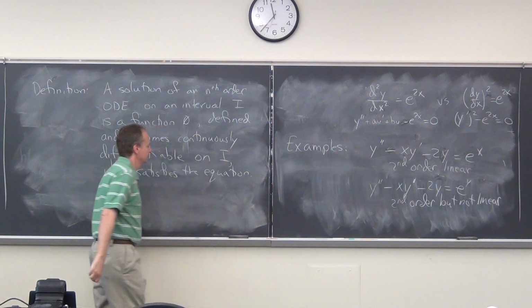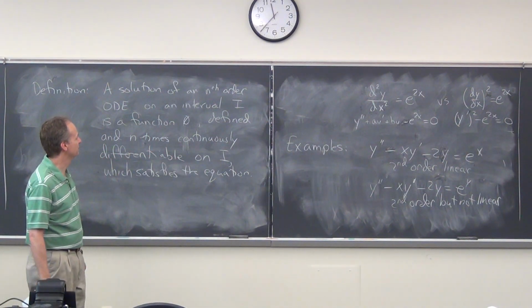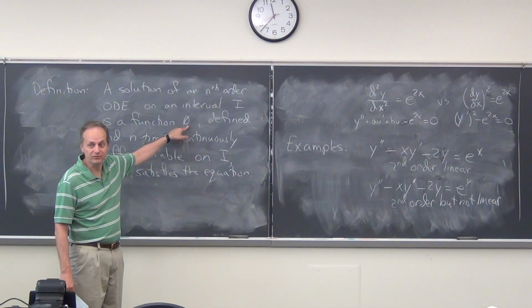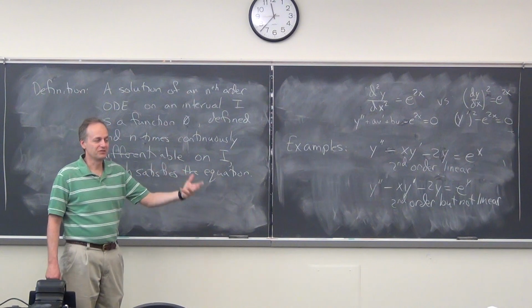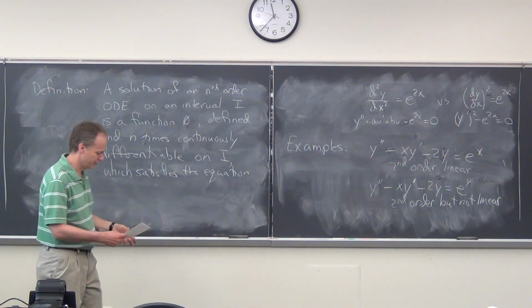Well, this is maybe a duh statement. It has to satisfy the equation, but what exactly does that mean? It means when you take the derivatives of theta with respect to the independent variable and plug those all into the equation, it makes the equation true. It's like an algebraic equation.